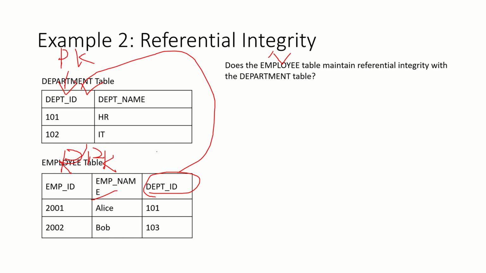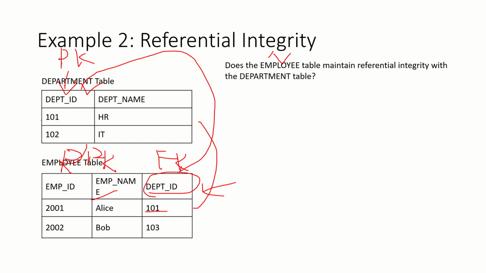That means department ID is the foreign key in this table, right? So what's the requirement? It can be none, and it has to match the related table. Department ID's related table should be the department table, so you're trying to match them.